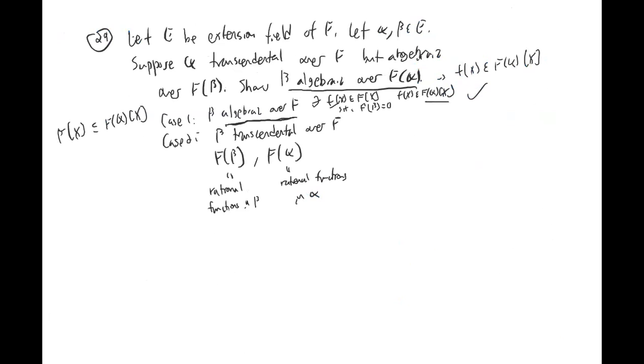Now what does the question tell me? Alpha is algebraic over F(beta), so there exist polynomials. There's a polynomial in F(beta)[x], and I know how elements in F(beta) look: something like p0(beta)/q0(beta) plus p1(beta)/q1(beta) times alpha, and so on, plus alpha to the n equals 0, where alpha is a root.